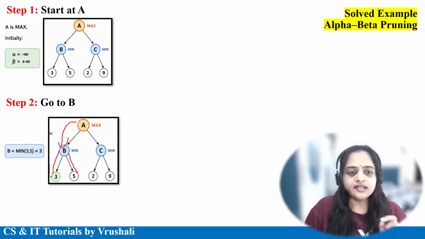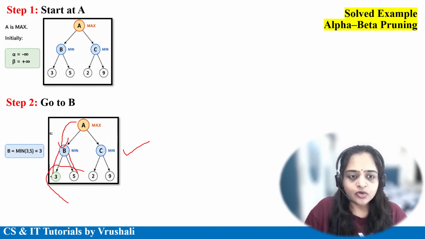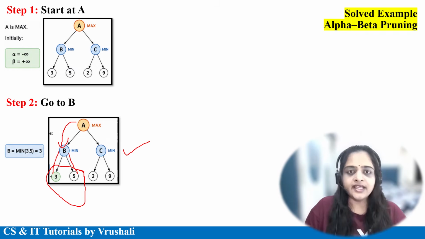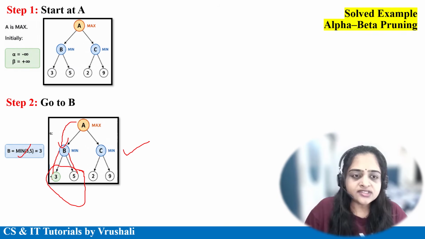Now this level 2 is the minimum level. So you need to find the minimum value of these two, 3 or 5. So apply the minimum function. 3 or 5, which one is minimum? 3, right? So now you need to send this 3 value to B. So now B equals 3.